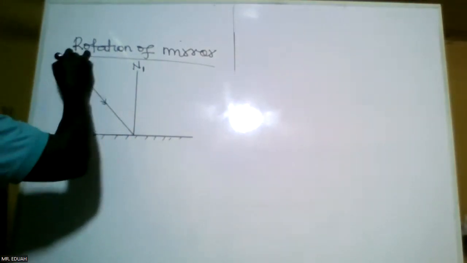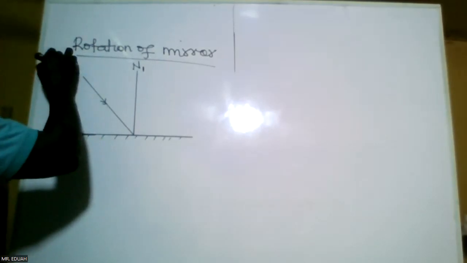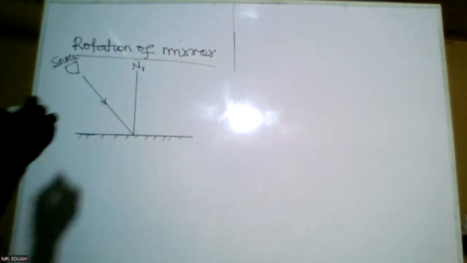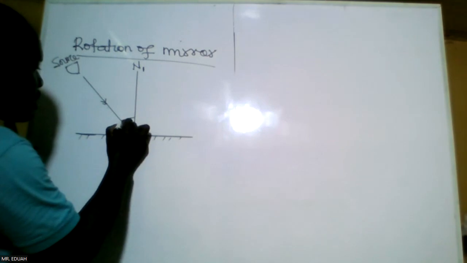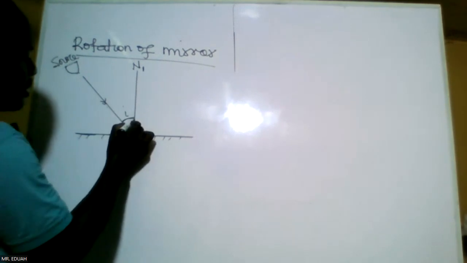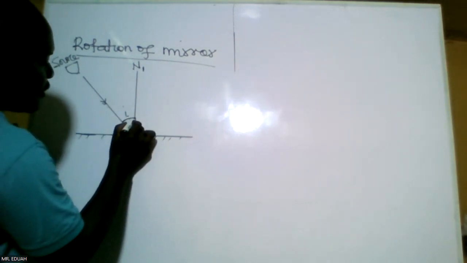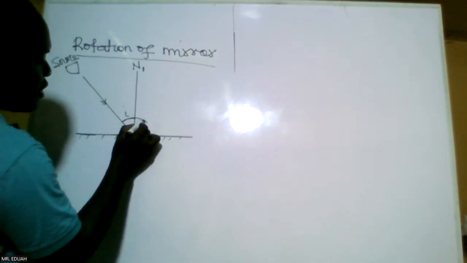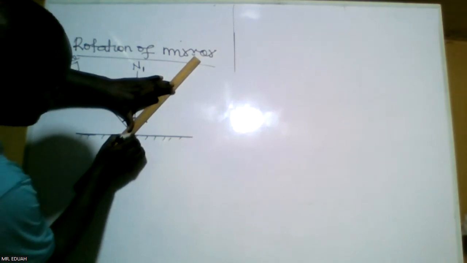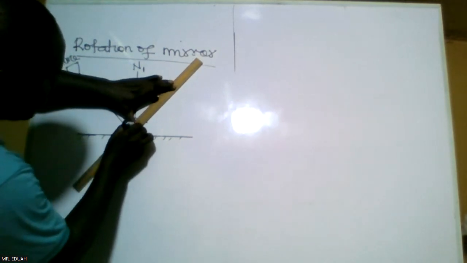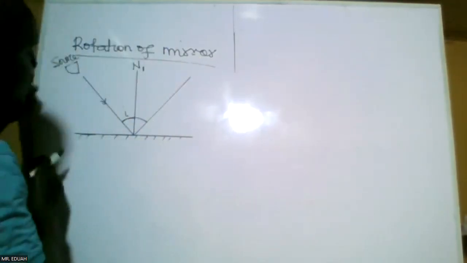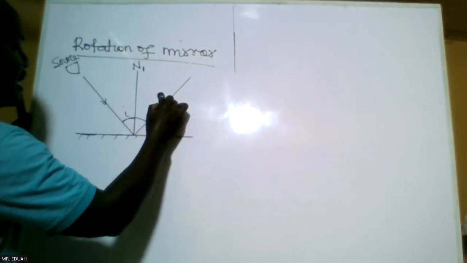So the source of light is here. This is the angle of incidence, I. And so its reflection, this is the reflected ray.